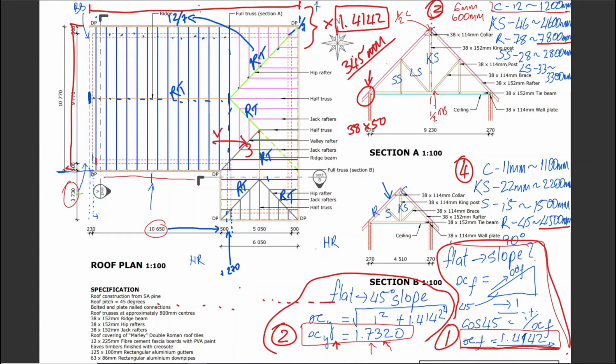There's no way that could be wrong, in my opinion, because of the 45 degree. But I could be wrong. So that would be your ridge tile.